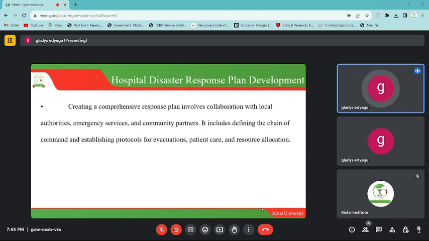Then the emergency services need also to be planned, because in case of anything, you are able to handle the situation. And the community partners, there is need for them to also be part of it. In case maybe you need resources, they can be able to provide you with different resources. So the partnership with these different stakeholders is very key, that you should involve them in your plan development.